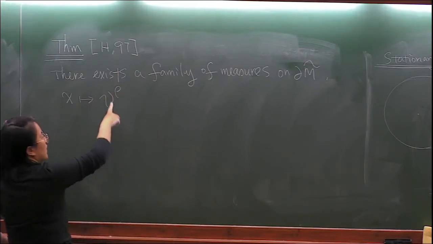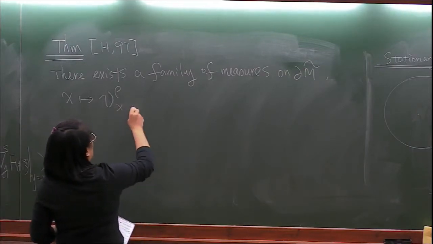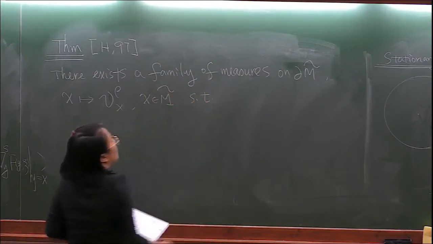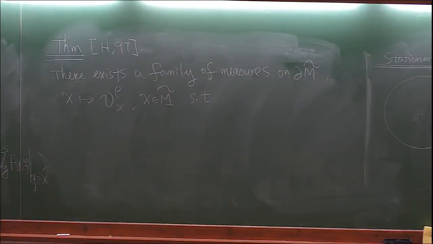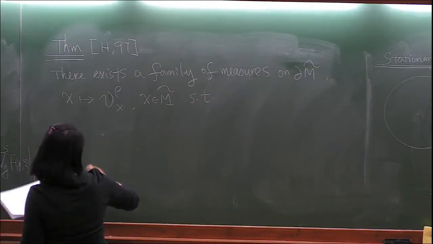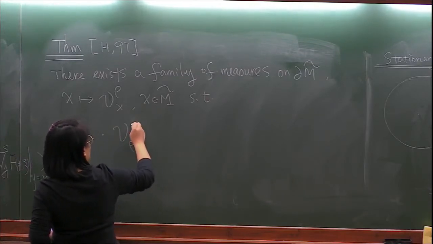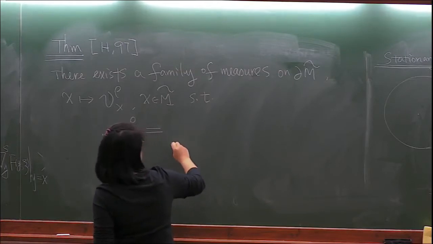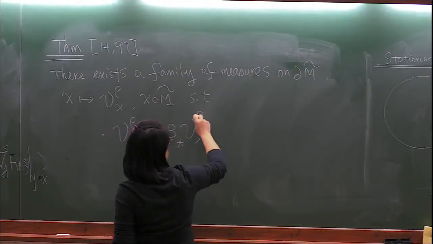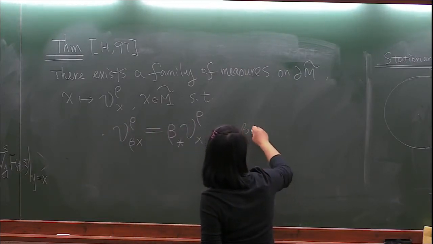When rho equals v, I just put nu rho here. There exists such a family of measures such that they satisfy two properties exactly as before. The first thing is that beta x equals what you get when you apply beta to this measure, right?